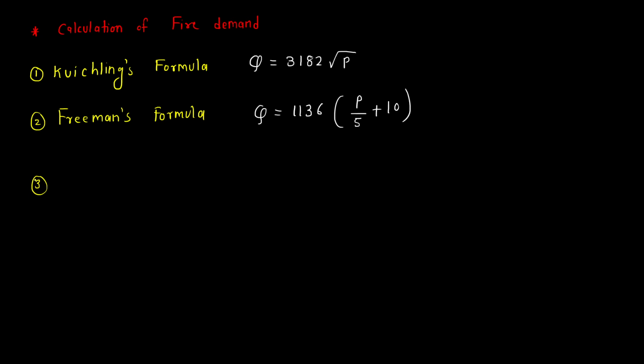The next one is National Board of Underwriters formula. These names are very important. These formulas, if you are not able to remember, then it's okay, but these names are very important.